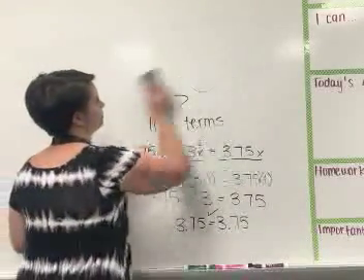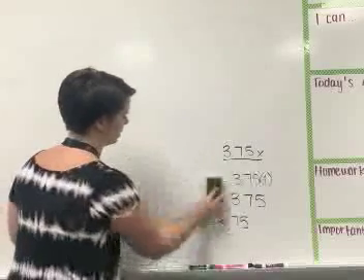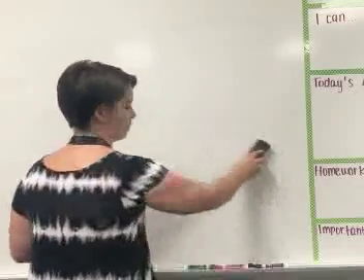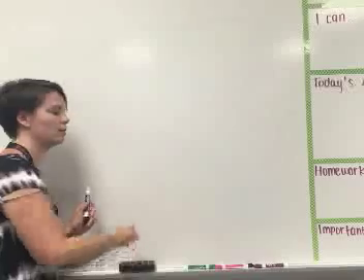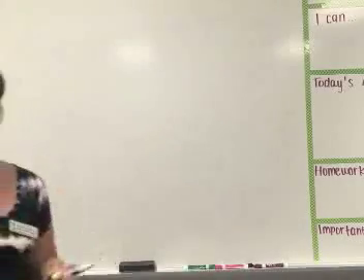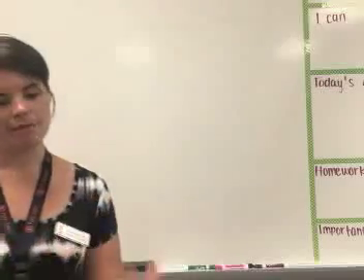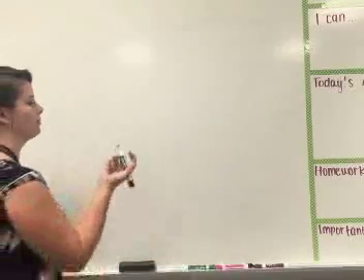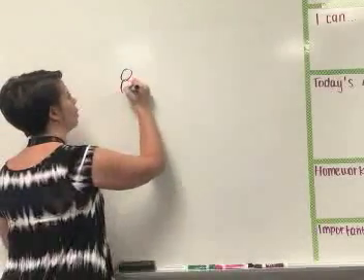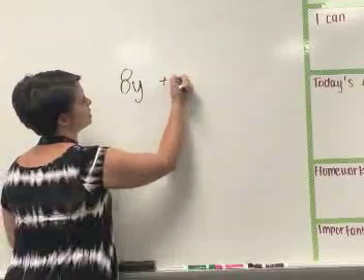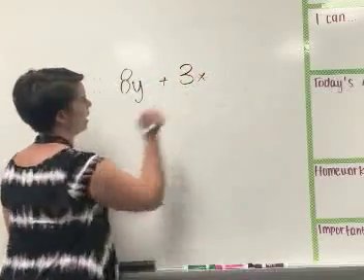Okay, now, let's maybe talk about another one. Maybe we have questions like the next problem that we are introduced to. You have an 8y and a 3x. Okay, I've got 8y plus 3x.